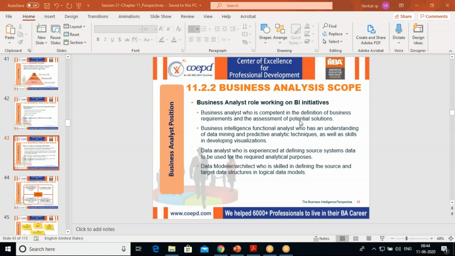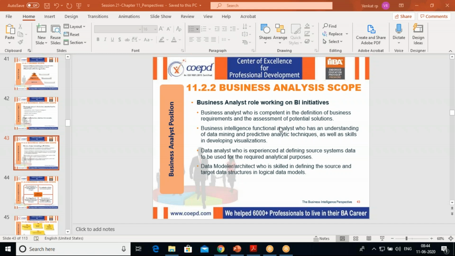If we can clearly understand it, based on it we will go with an understanding of the data mining and predictive analytics techniques, and visualization tools. We can use them here, and we can take help of the data analysts who have experience in defining the systems' data and how it can be used for analytical purposes.